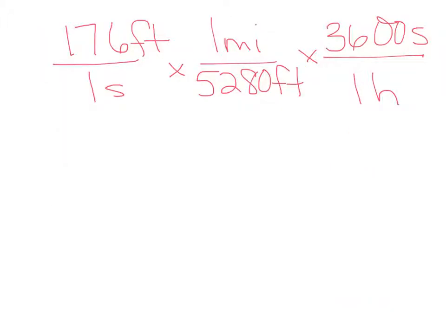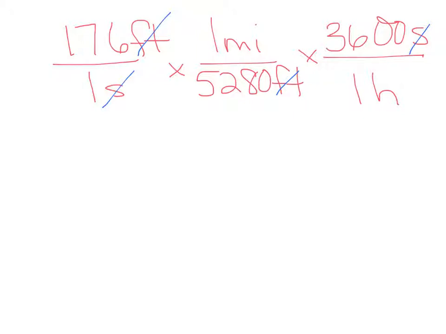So this is what our entire equation looks like with the converters in. We cancel out our units, and so we are left with 176, 1 mile, 3,600, and then on the bottom is 5,280, and 1 hour. So now we can go through and we can start to multiply and divide. So I first want to multiply straight across.